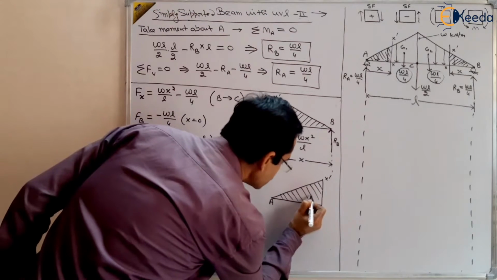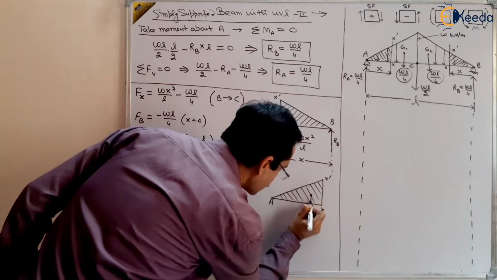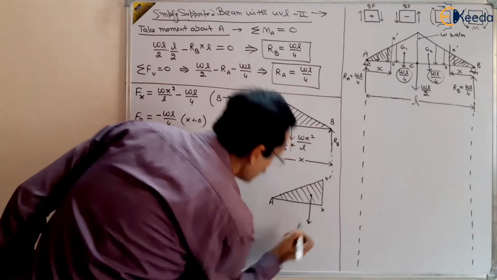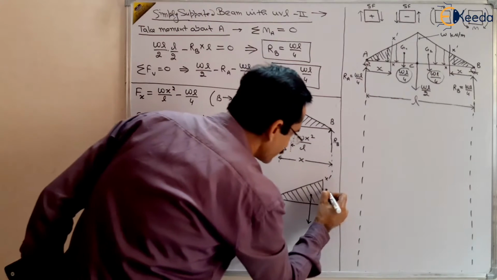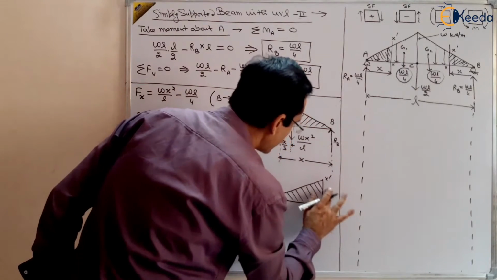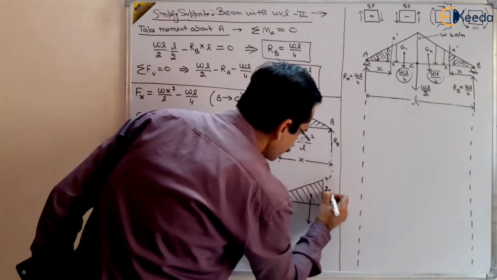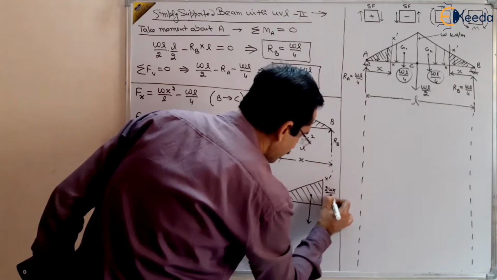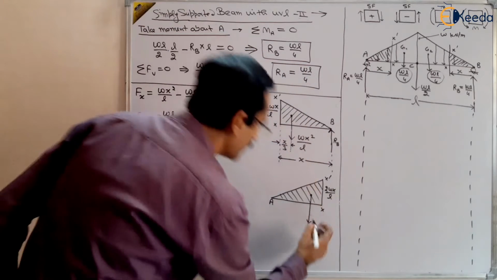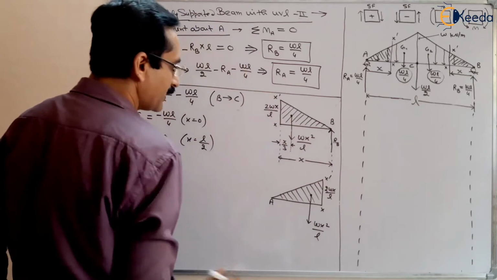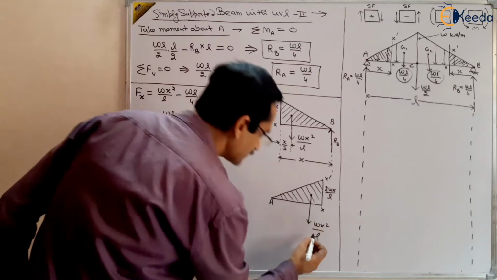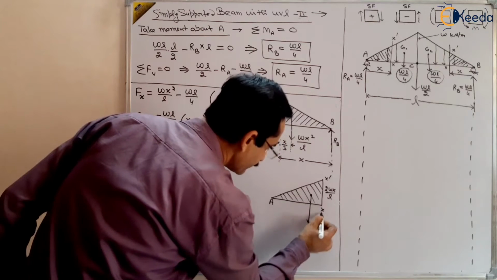And the centroid will be acting at this point, and this perpendicular distance will be 2wx by L, because both are the same. And the load will be wx square by L. Both are very similar, and the distance is x, and this distance will be x by 3.